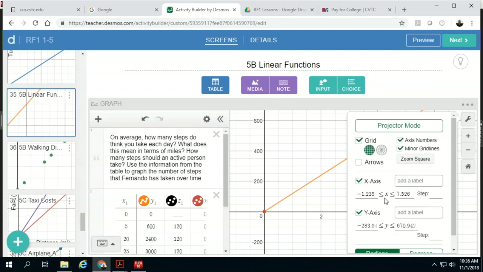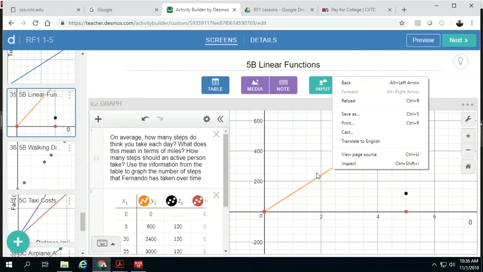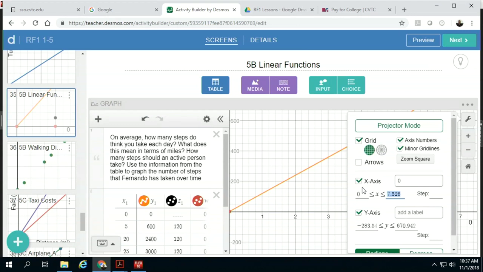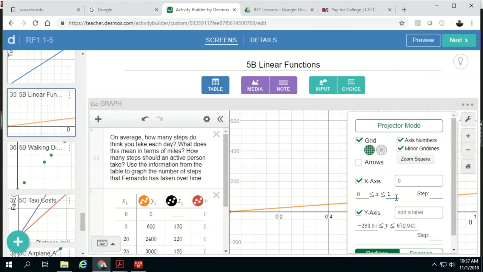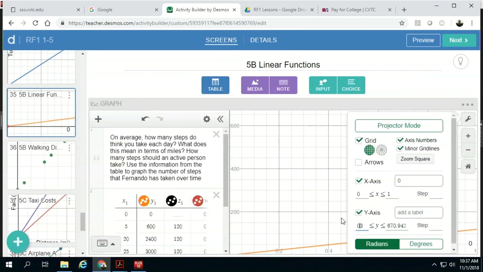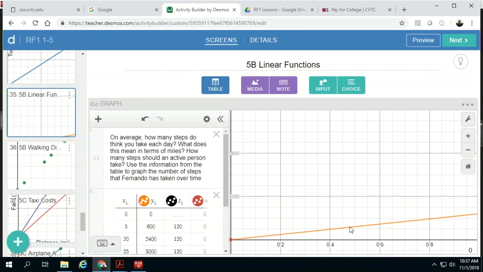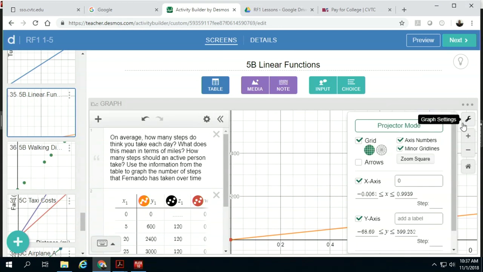I'm going to make my x-axis go from 0 to 1 minute, and my y-axis go from 0 to 3 steps.